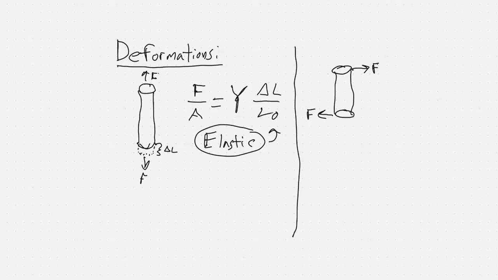Oh, real quick, in all of these things, the F over A part, that's kind of like the cause, is called the stress. So stress, force per area applied to an object, leads to strain. The deformation is the result, and that's called the strain. So stresses cause strains.